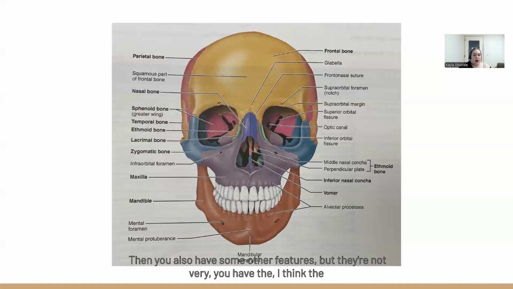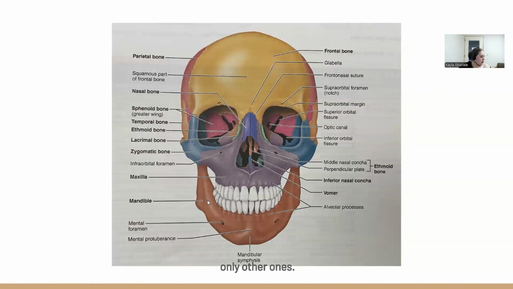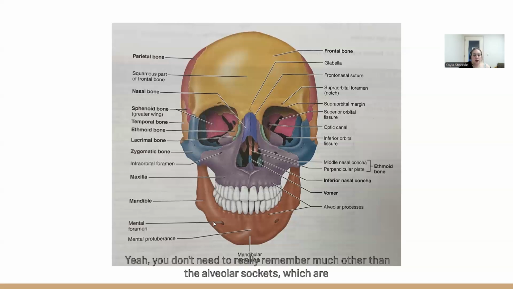You have some other features, but you don't need to really remember much other than the alveolar sockets, which are what connect the bottom row of teeth to your gums. And there will be other parts to look at when we get to other images.